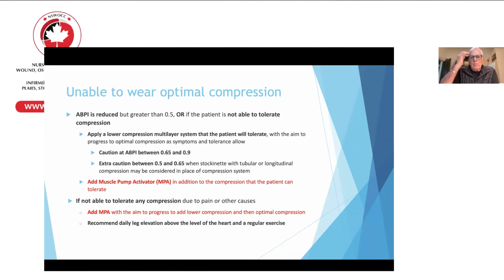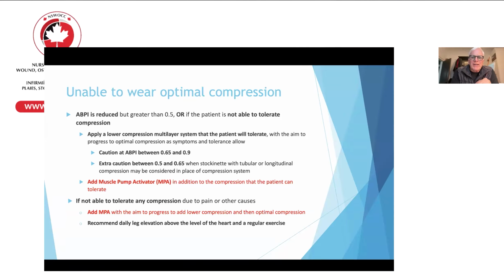So to begin with, if patients are not able to tolerate optimal compression, this consensus statement indicated that muscle pump activation should be added for those patients, and particularly if they're not able to tolerate any compression, you might just use a very simple stockinette or a very simple bandage.